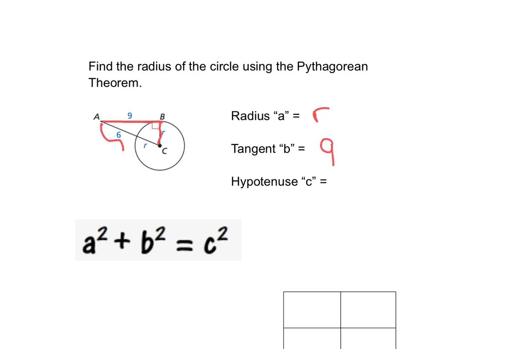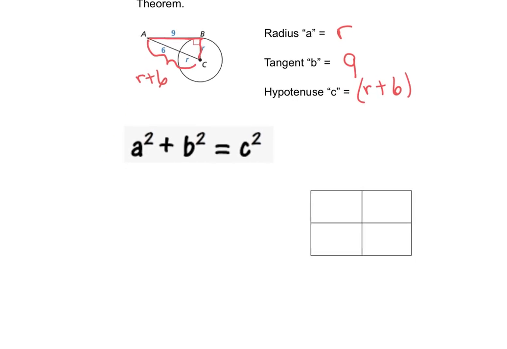And our hypotenuse is going to be r plus 6 because we have segment addition. So we've got a squared plus b squared equals c squared. So I'm going to have r squared plus 9 squared, that's our a squared plus b squared from up here, equals r plus 6 squared.